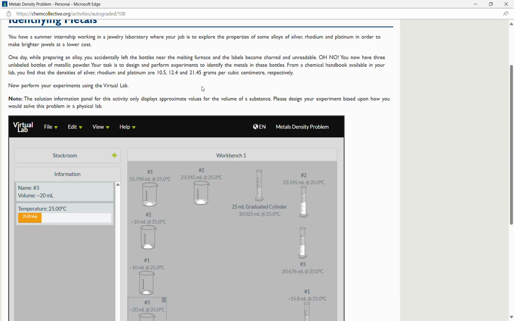Now, the way I solved this specific problem was, first, I had to go through my tools.